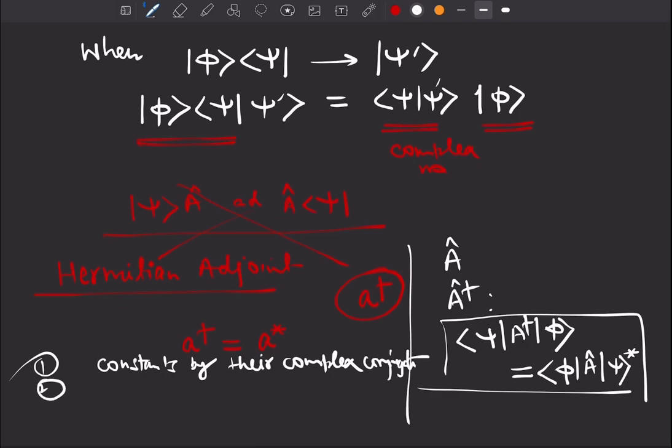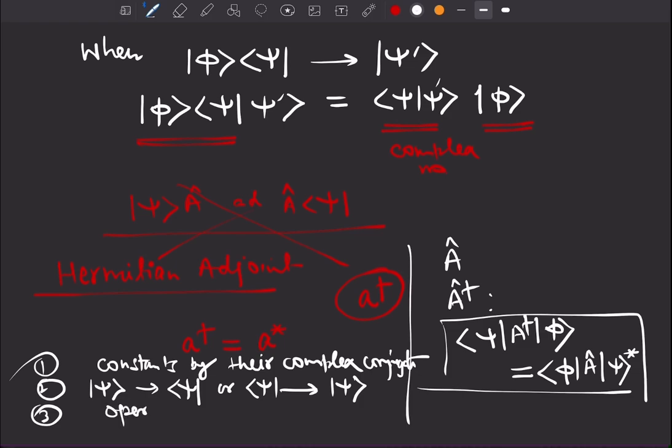Second, replace kets by their corresponding bras, or bras by their corresponding kets. And replace the operators by their adjoints.